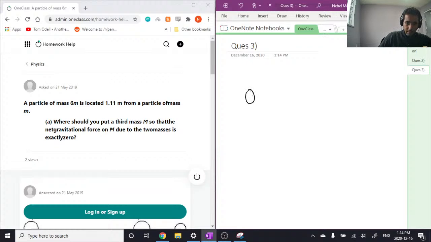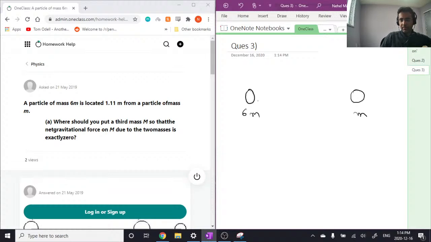We're given an object of mass 6m, and then we're also given another object of mass m. Now we want to place a third object of mass capital M such that the gravitational force on that mass is 0.